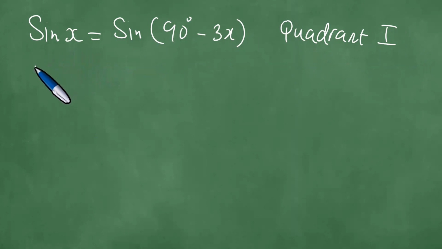So now we need to proceed to find the general solution, which is 90 degrees minus 3x.